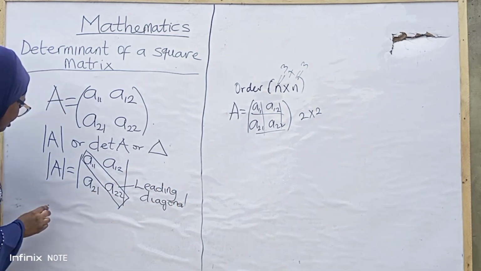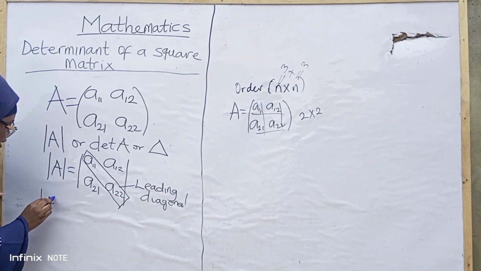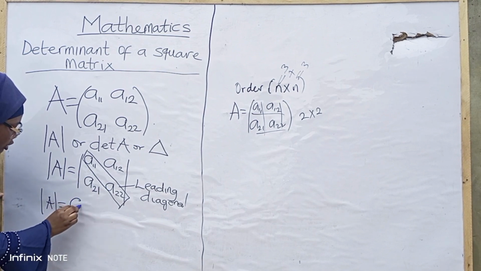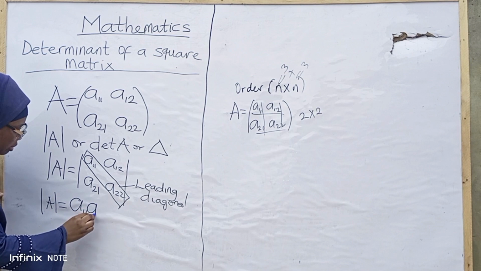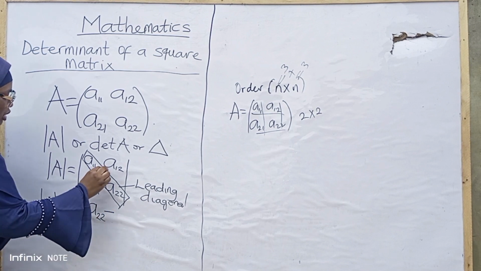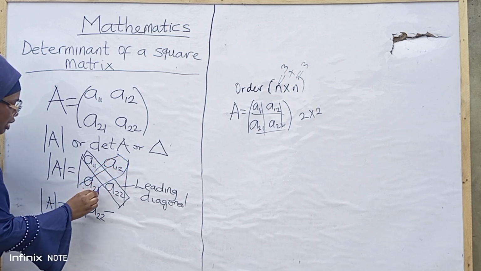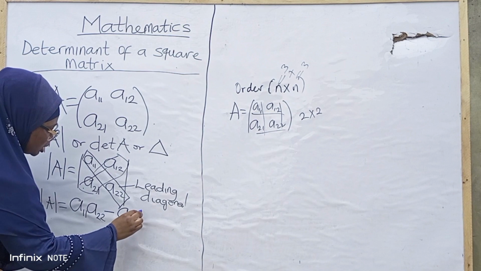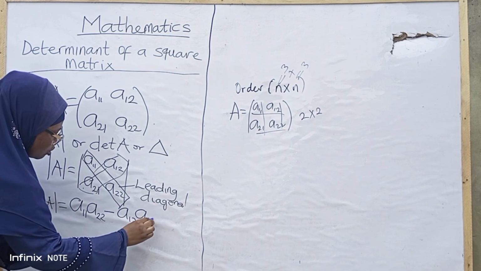So the determinant of this given matrix will be A11 multiplied by A22, then minus the second diagonal, which will be A12 multiplied by A21.